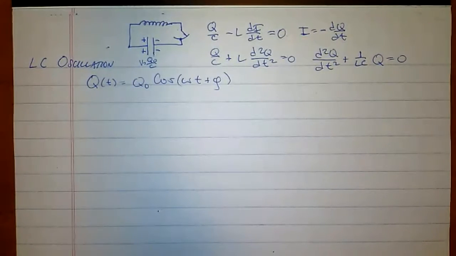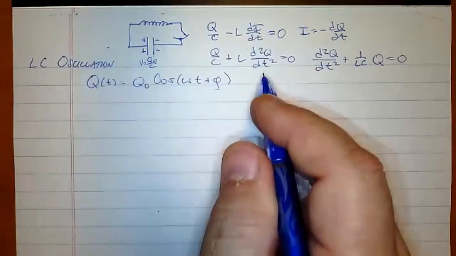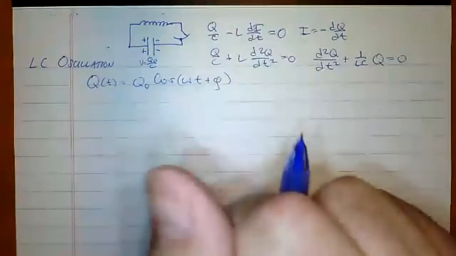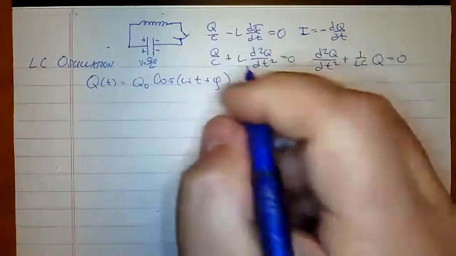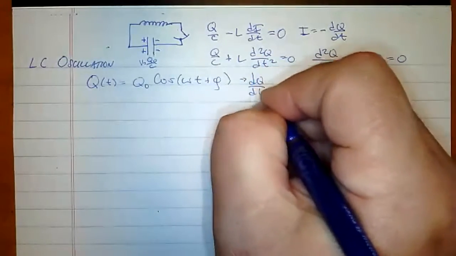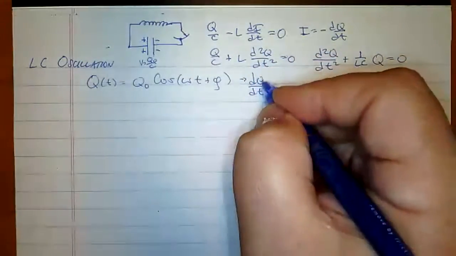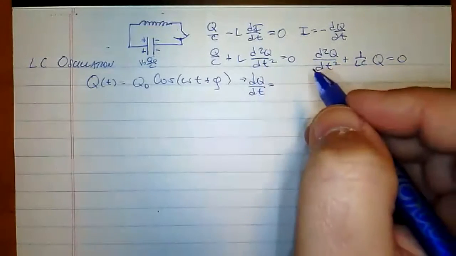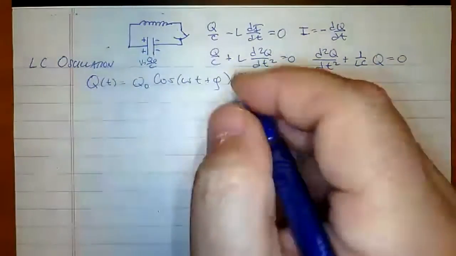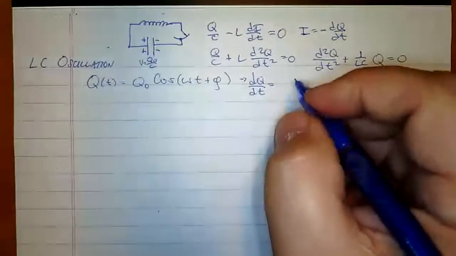Now, if I go ahead and evaluate that by taking its derivative, taking its second derivative, and then plugging all of them in there, we'll get what your math teacher called the characteristic equation. So I'm going to say dq dt. By the way, in physics, we normally just call that q dot. So that can save you a little writing. You just put a dot right over the q, and that's the same thing as dq dt. The derivative of cosine, of course, is negative sine.